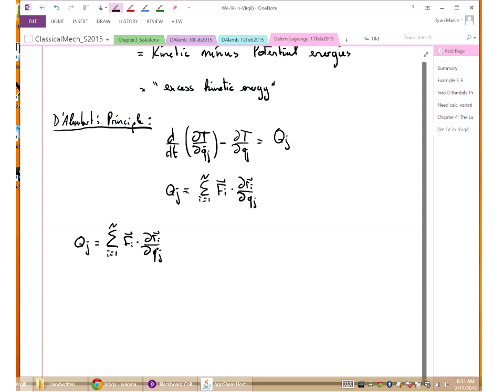Capital Qj is the sum from i equals 1 to capital N of Fi dotted with ∂Ri vector by ∂qj. And now let me split this up into conservative and non-conservative forces.